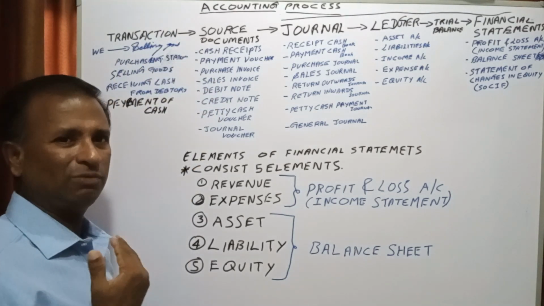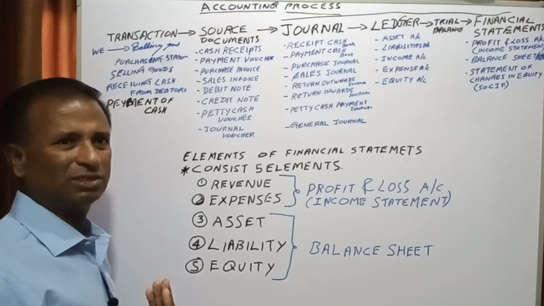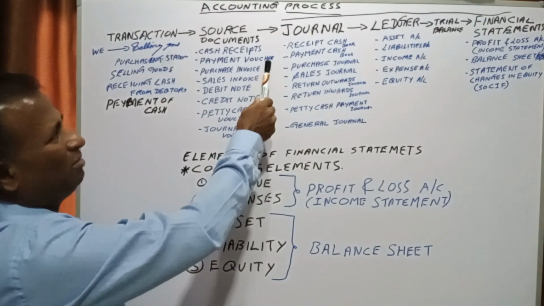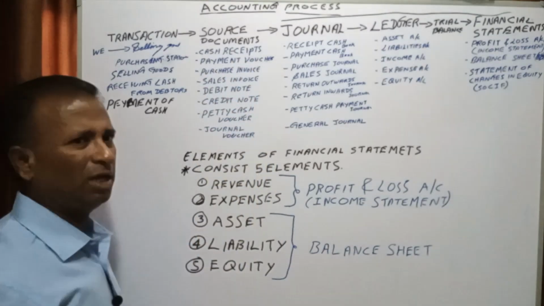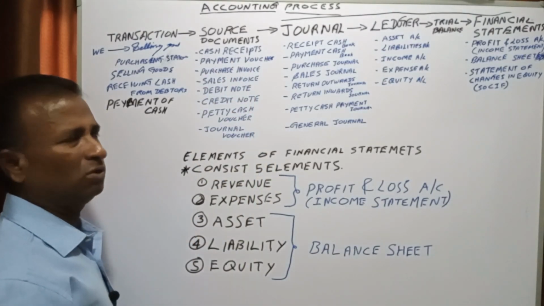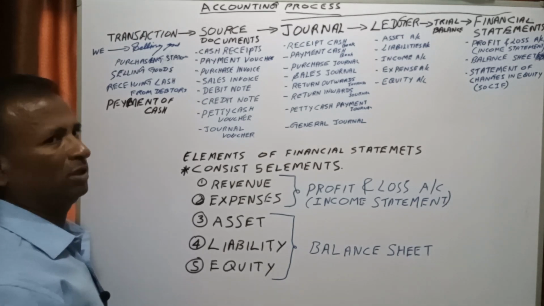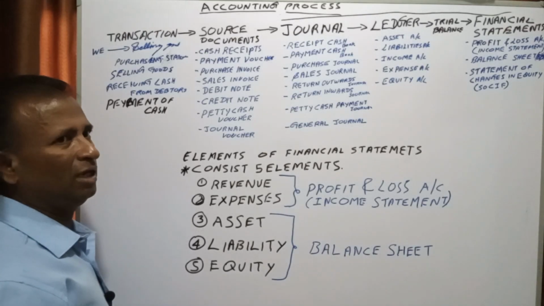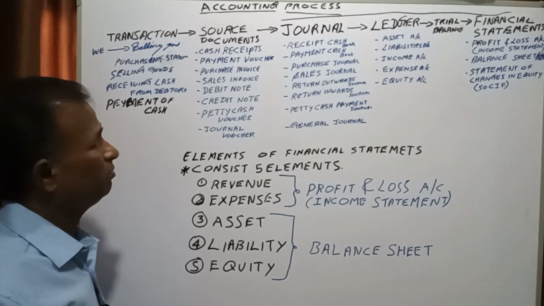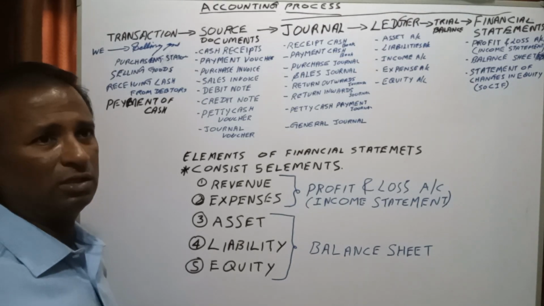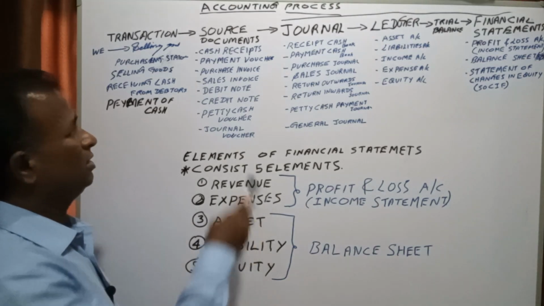If you are doing payments for the purchases, you have to prepare payment vouchers. Through voucher only you have to do the payments. So that is the source document. In detail we can see later on how we have to prepare the payment vouchers and the receipts.